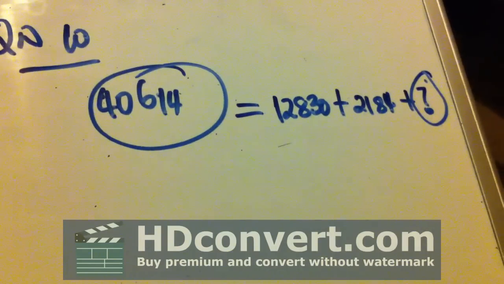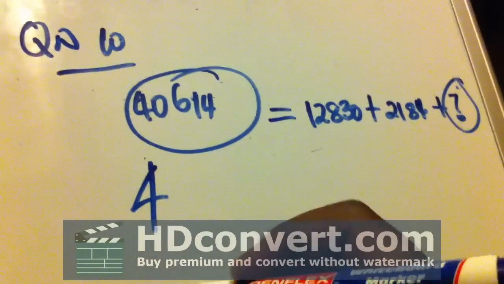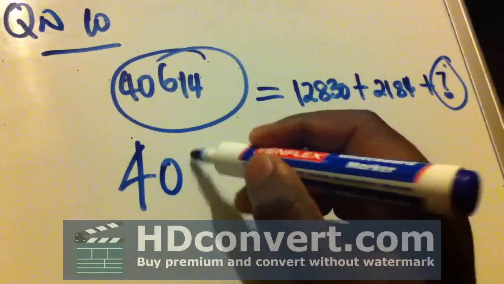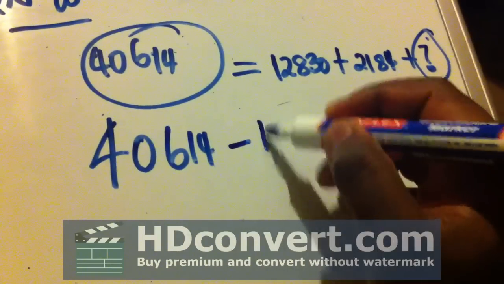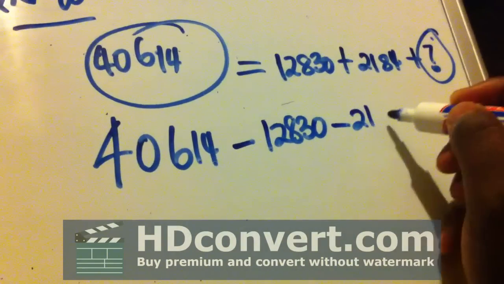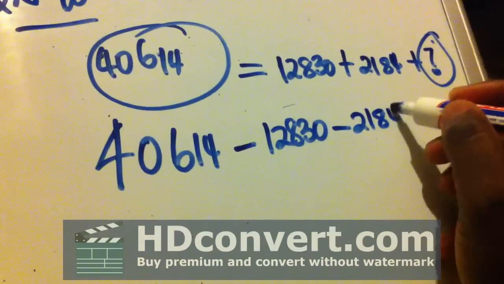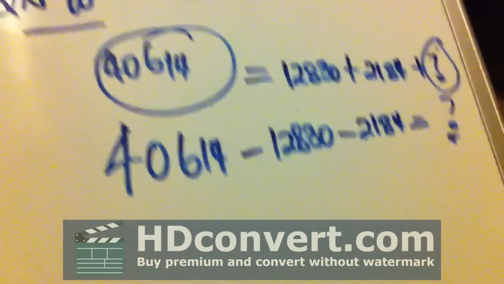How do you determine that? Well, our grade 7 equation: 40614, if this jumps to that, it becomes a minus 2830 minus 2184 equals your question mark there.